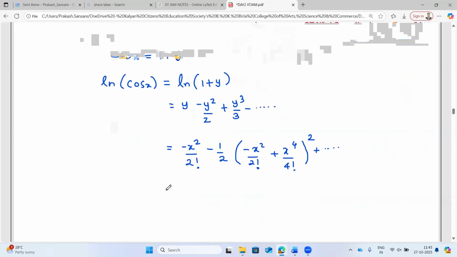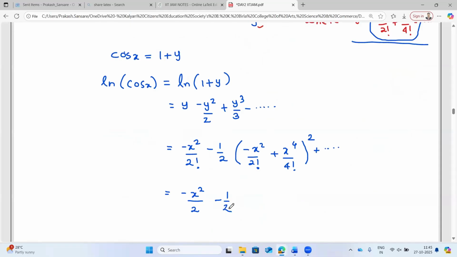Okay, so this is further minus x squared by 2 factorial, which is 2, minus 1 by 2. Now what is the square of this? This is basically x to the power 4 by 4. And then again, maybe I had missed out one term here.